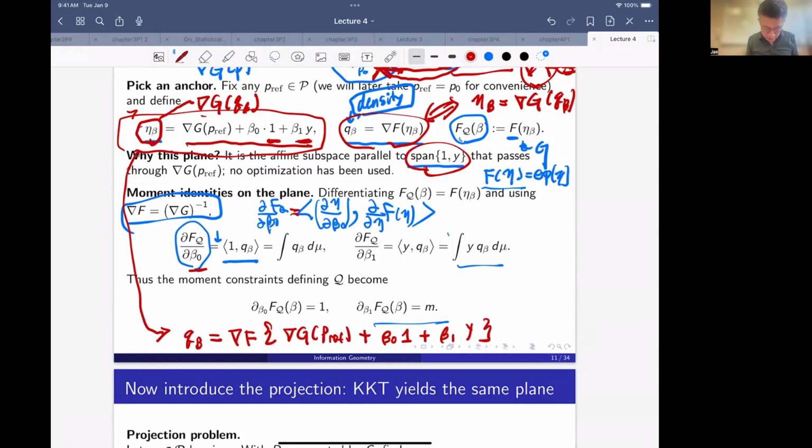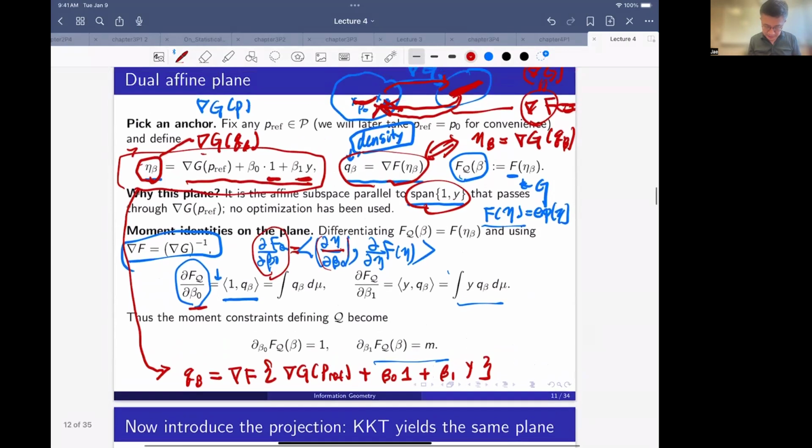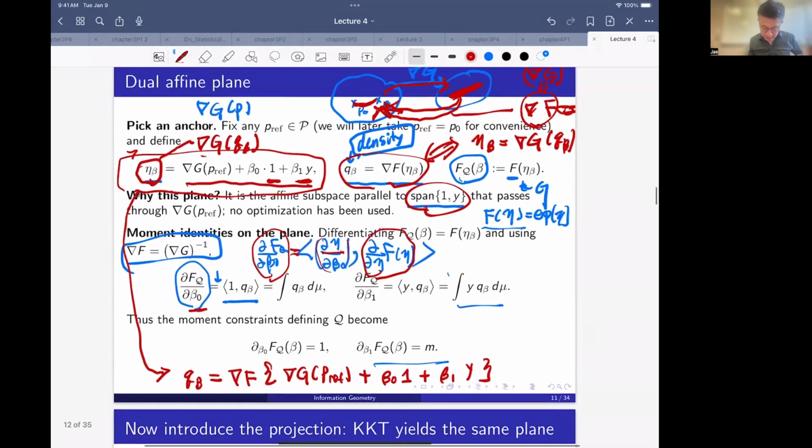If you differentiate with F, you differentiate the first one, and this guy is q beta, because of this. So then this is one. And if this is beta one, then this changes to y, so that you have this.